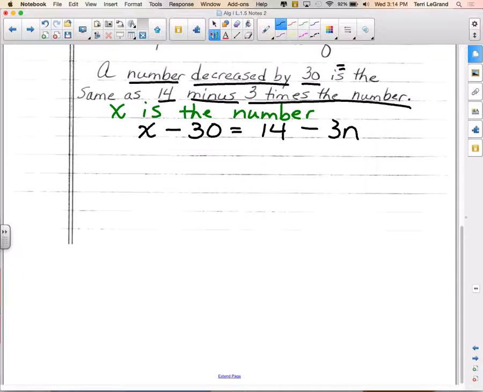This is a pretty easy one, just to follow the words, isn't it? Do you agree with me?